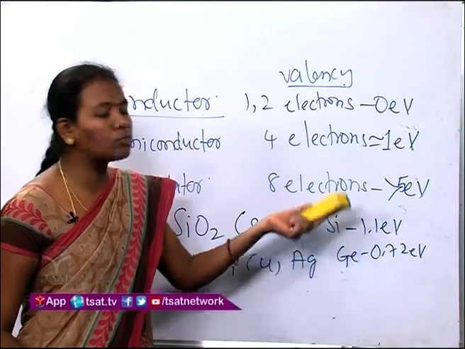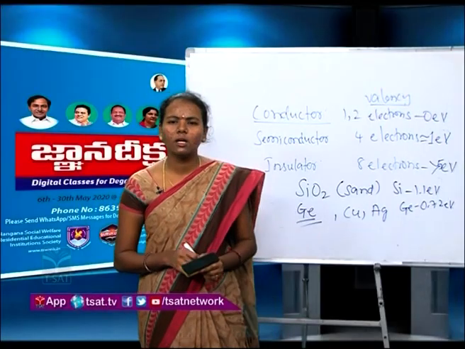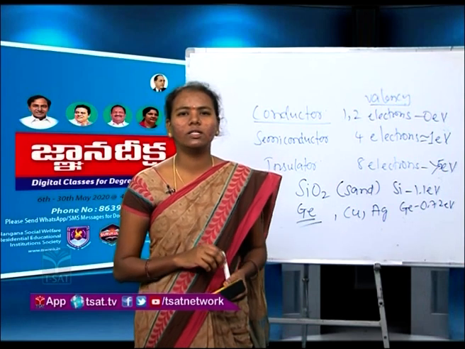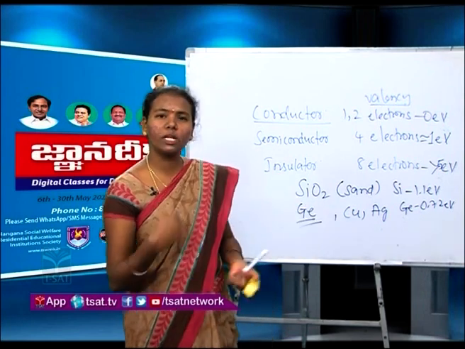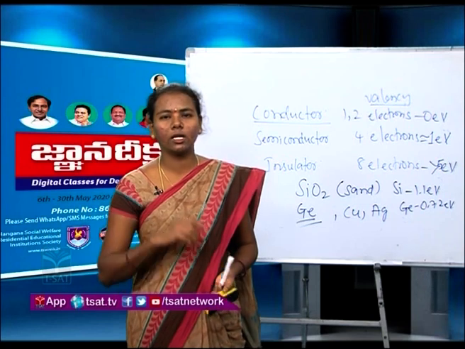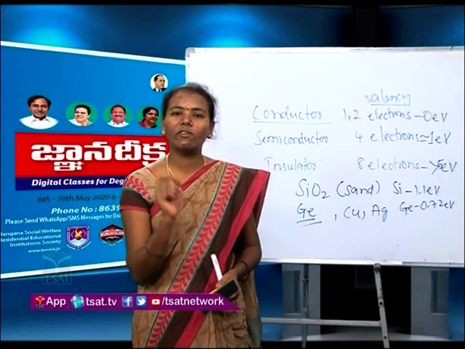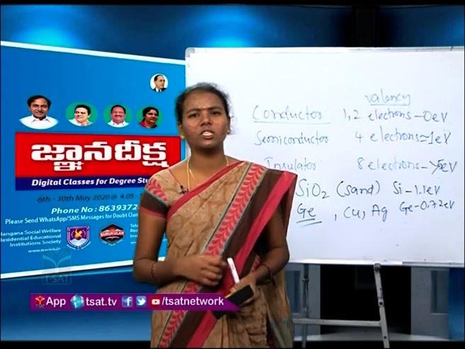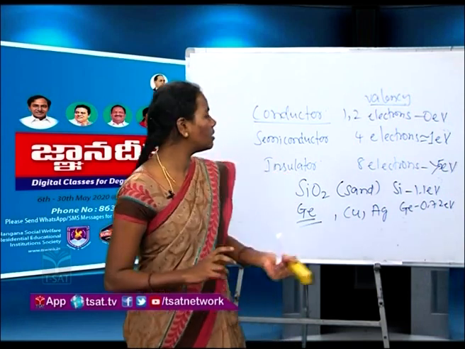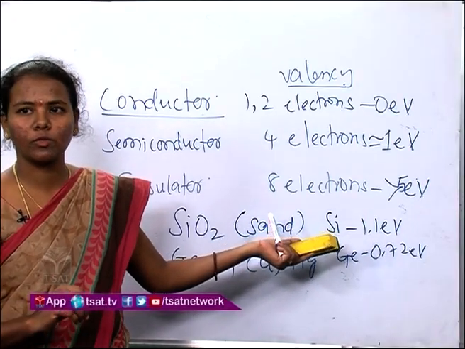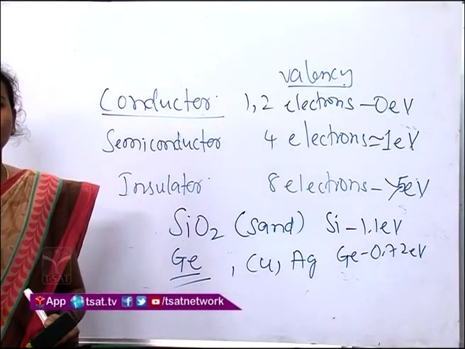That means at higher and lower temperatures the properties of germanium will change, whereas silicon will not react that much to temperature. So that is why we use silicon.